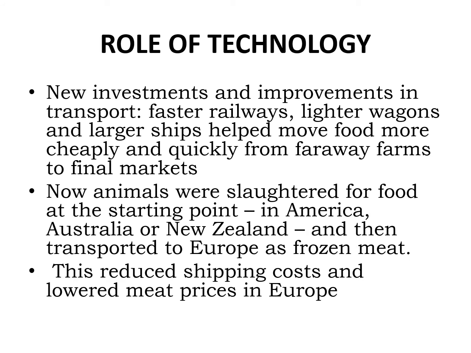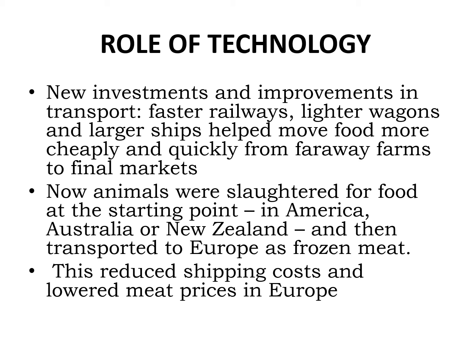Along with industrial development, transportation technology also improved. Faster railways, lighter wagons, and larger ships helped food grains move from one country to another cheaply and quickly. Because of technological development, animals were slaughtered at the starting point.